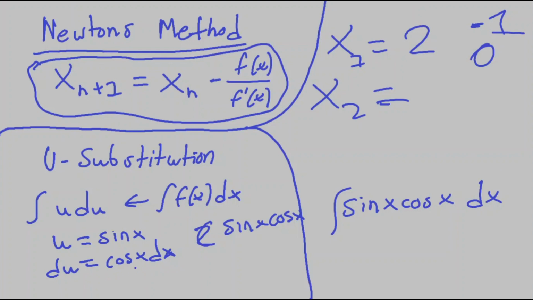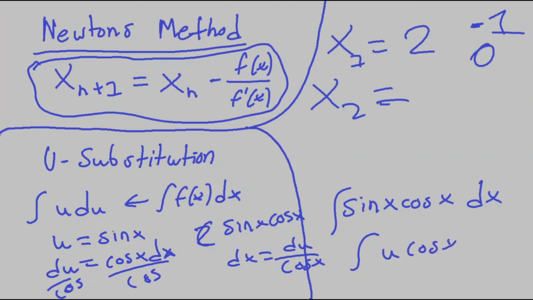So if we solve for dx with du equals cosine x dx, we divide by cosine on both sides. So we would have dx is equal to du over cosine x. I know this is a little bit messy, but now if we rewrite this and plug in everything, we're going to have the integral of u, because sine of x is replaced with u, and we have cosine x, and then we plug in dx, which is going to be du over cosine x.